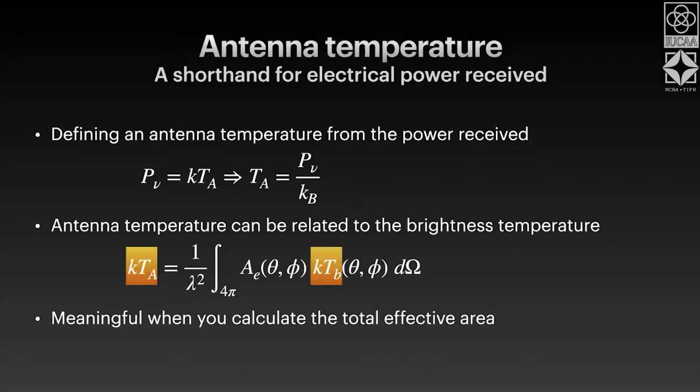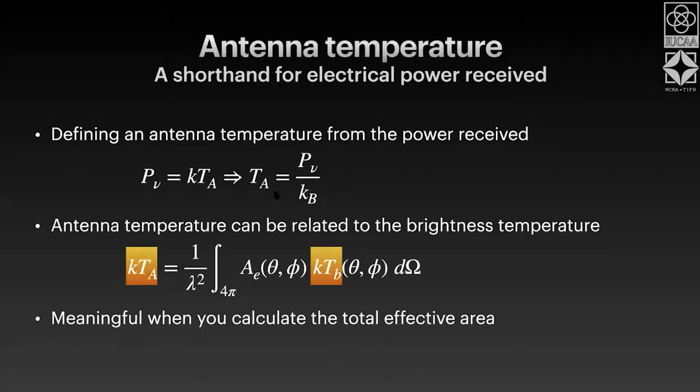Now, this allows us, in principle, to define an antenna temperature. You would have heard this in many of the talks, and in this module, when you go through some of the sections, it will make more sense why we are defining antenna temperature at all. But for now, let's assume that we have a power received in a particular spectral range, and we can always convert it to a temperature by dividing it by the Boltzmann constant.